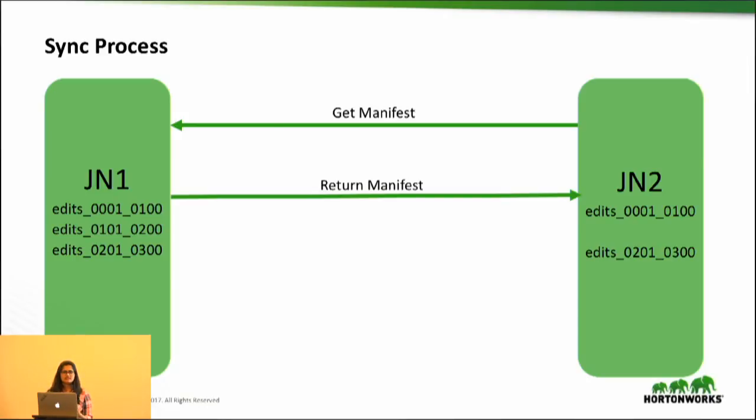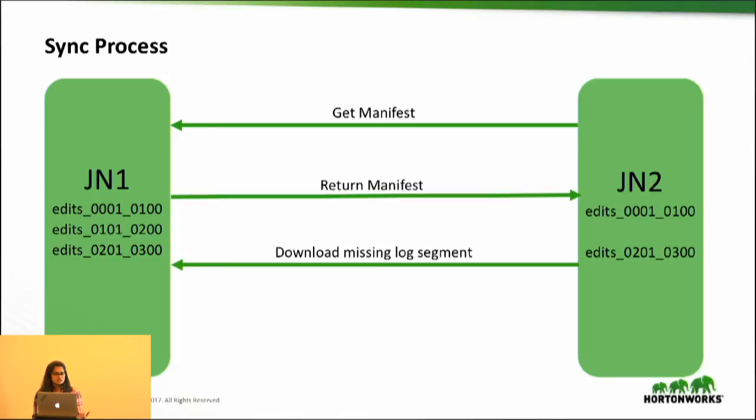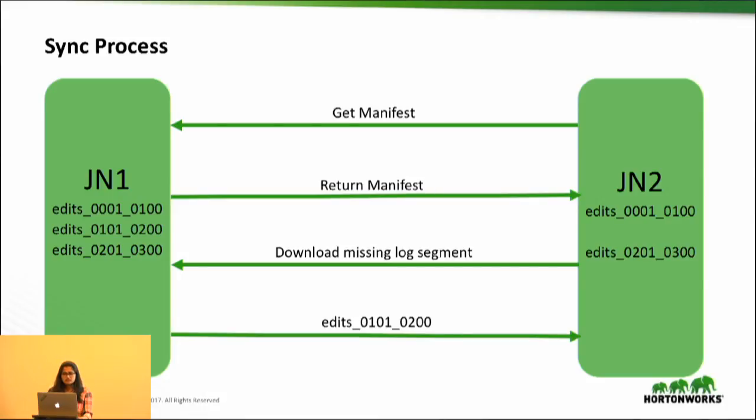Journal node 2 compares this manifest with its own and realizes that it is missing one edit log segment. So it requests journal node 1 to send the missing log segment, and journal node 1 sends over the corresponding edit log. Journal node 2 adds it to its journal storage directory and is now in sync with journal node 1. That's how the sync process works.